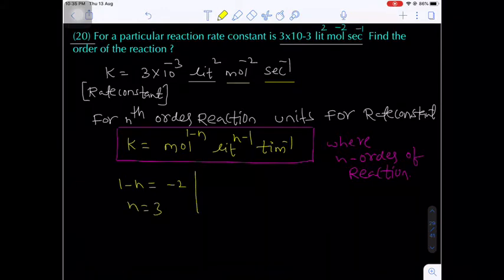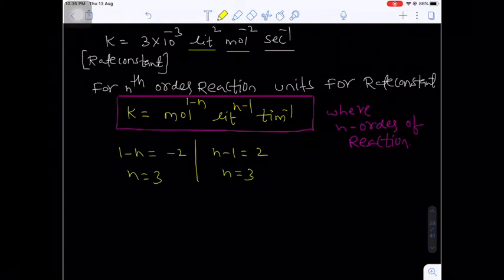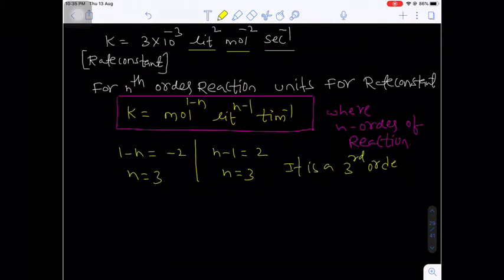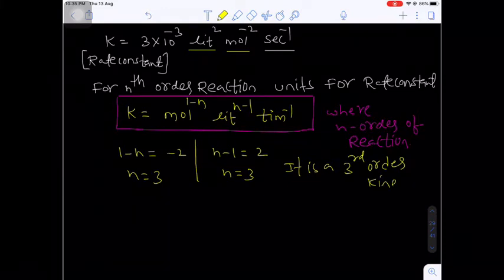Yes, n will be equal to 3. Otherwise, compare with liter to the power n minus 1, which is given as 2 in the question. With that also we can find the n value, that is 3. So overall it is a third order reaction, third order kinetics. This is very important.